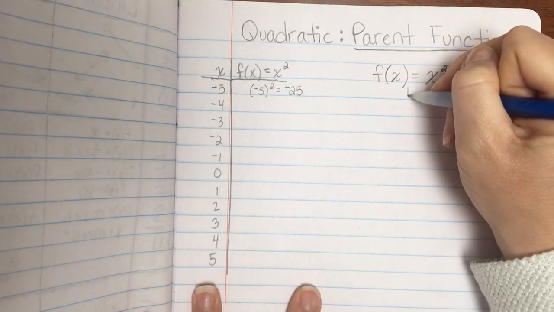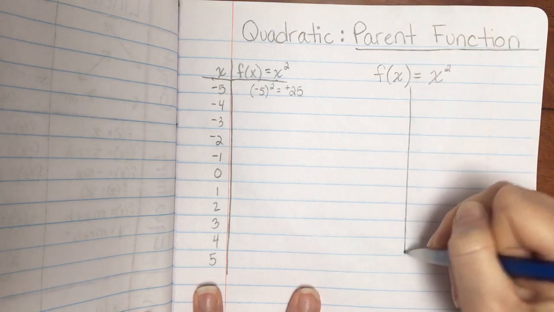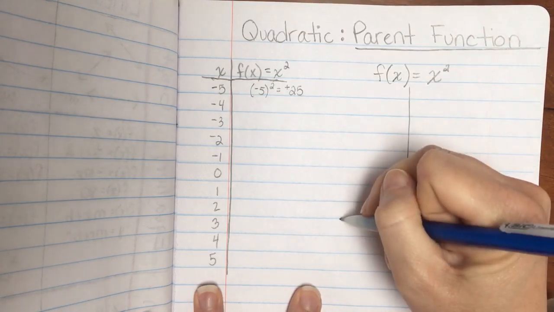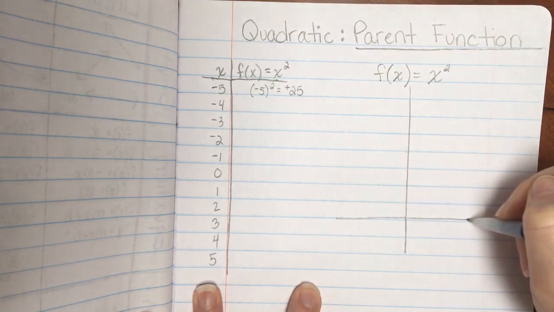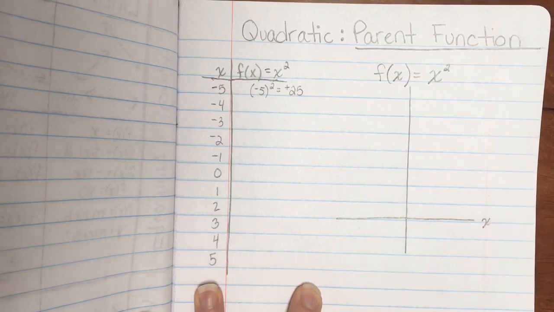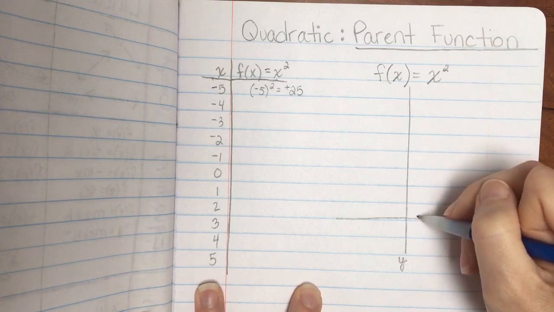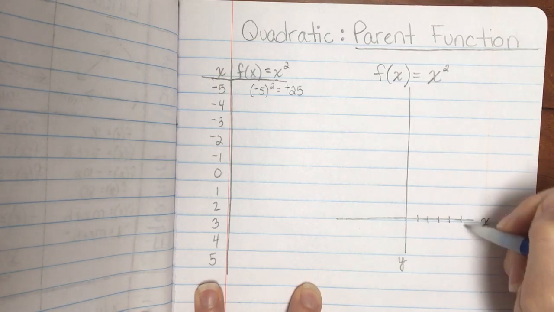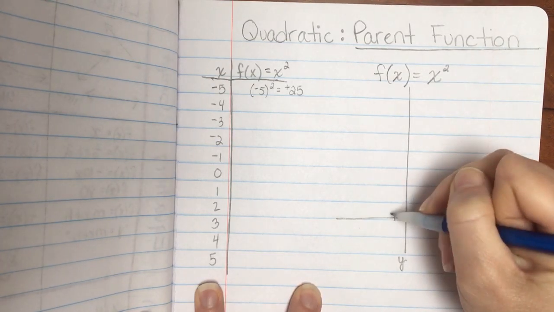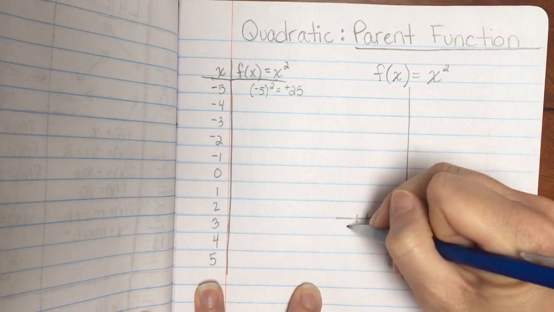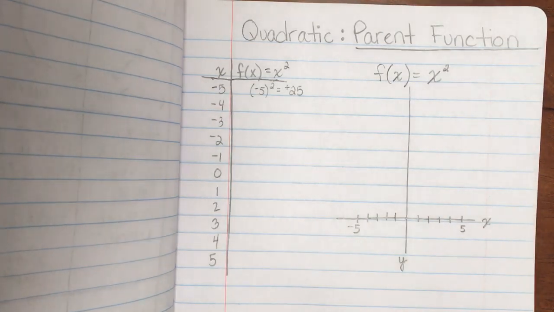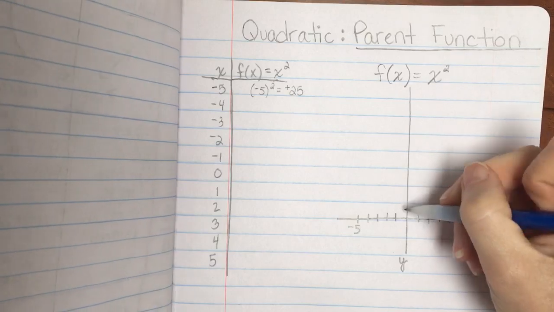Over here, we're going to sketch the graph of this parabola. So make your graph look like mine. I'm going to label my x-axis. This is your y-axis. I'm going to do 1, 2, 3, 4, 5, and 1, 2, 3, 4, -5. Try to keep them spaced out as best you can.